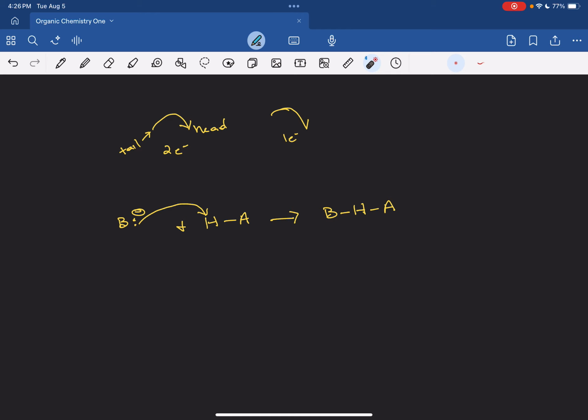So in order for hydrogen not to have two bonds, you move the two electrons, because two electrons constitute this bond. This arrow means the two electrons in this bond go onto A to give you A, and I gave it two electrons, so now it's A minus.